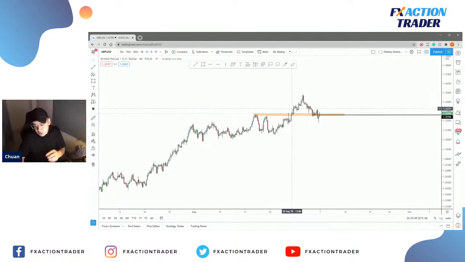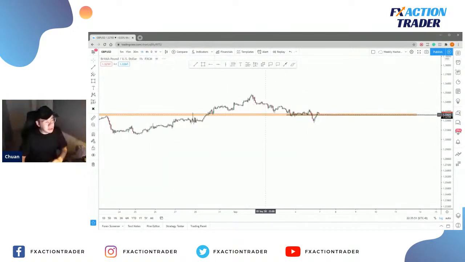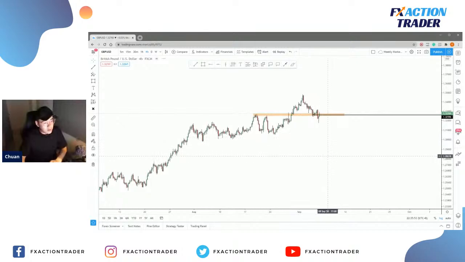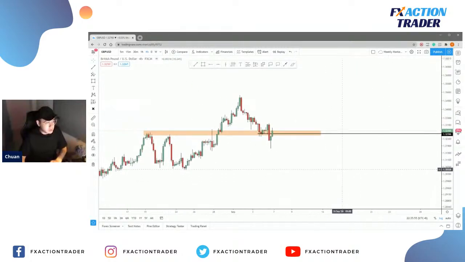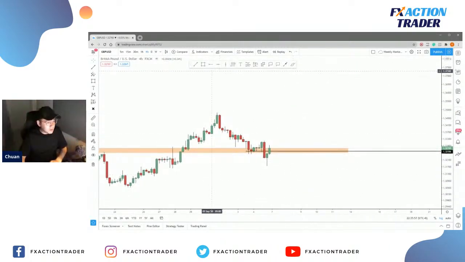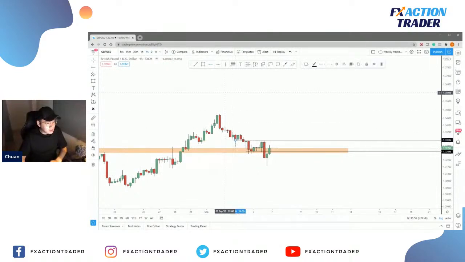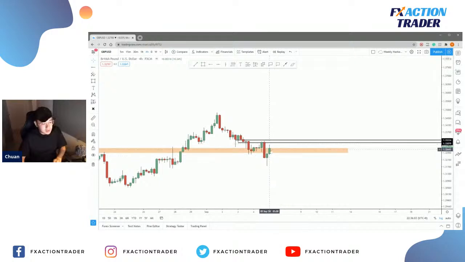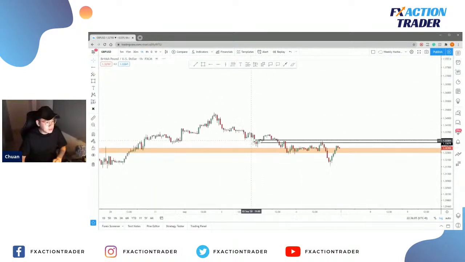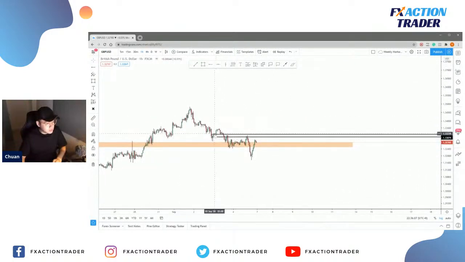But we still need more selling confirmation. What do I mean by more selling confirmation? We need the market to retest this level here, which is also the previous support and resistance zone for H1.